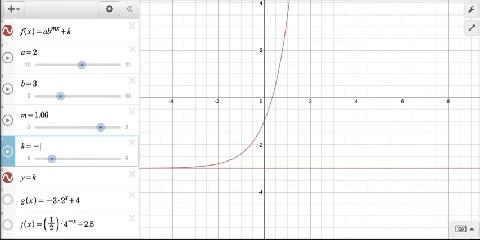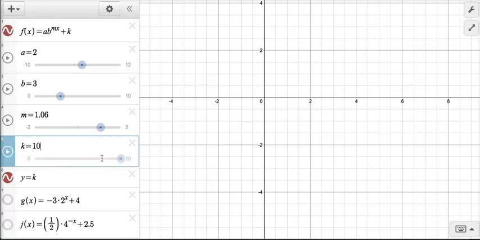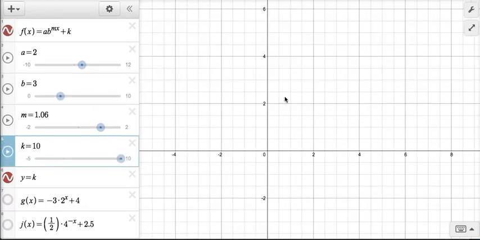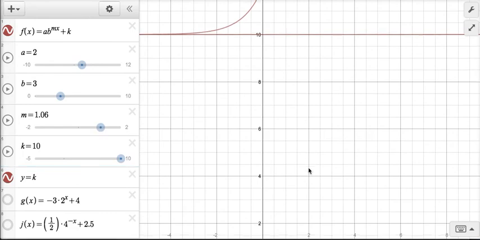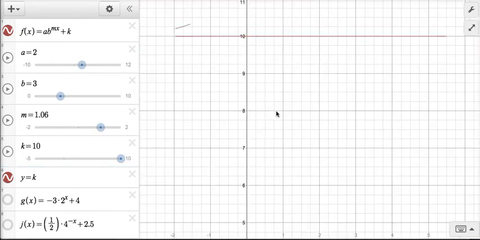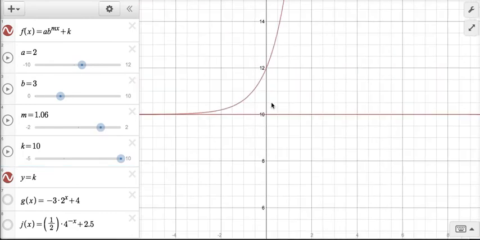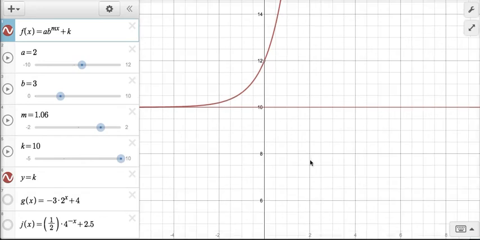I'm going to say that K is 10. Let's look at what's happening. Here is our asymptote at y equal to K, and our intercept should be at 10 plus 2, which is 12, and that's just where it is, at 12.